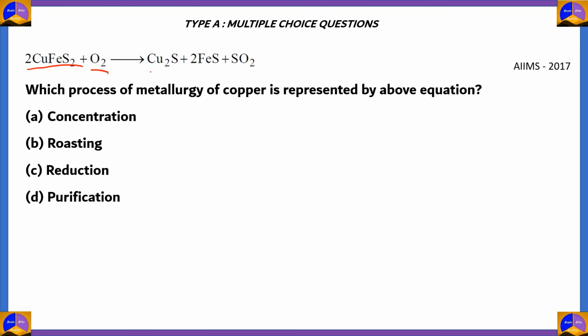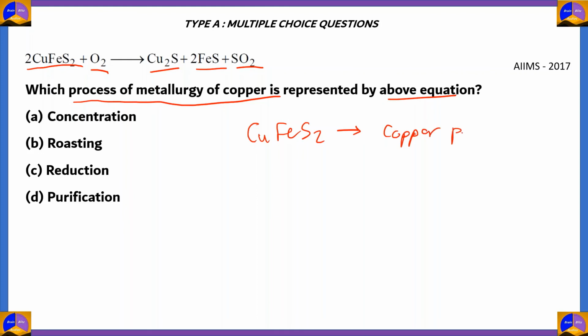2CuFeS2 plus O2 gives you Cu2S plus 2FeS plus SO2. We need to find out which process of metallurgy of copper is represented by this equation. Now, this actually is pretty easy. When you look at the reactant side, you see that you have CuFeS2. This is known as copper pyrite, and the presence of sulfur indicates that this is a sulfide ore.